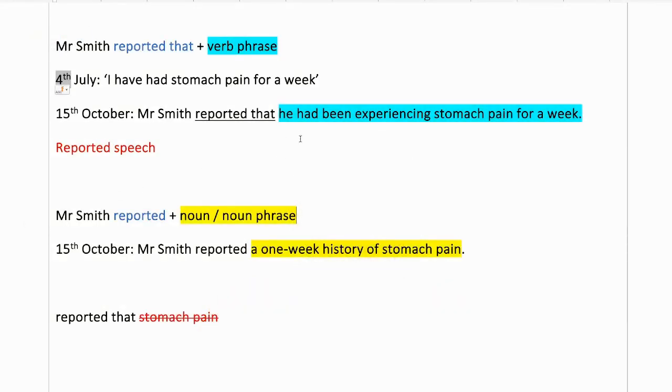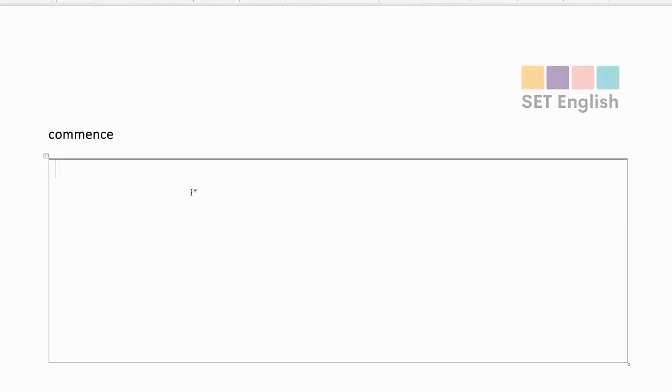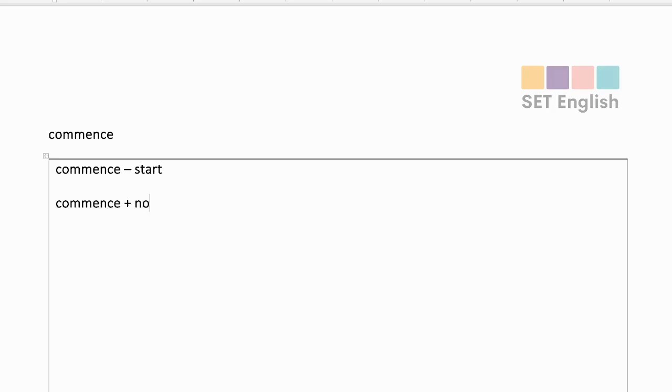So what else have we got? Well, we've got this verb. Okay, commence. Commence is a bit of a tricky one. I think everyone knows what it means. Commence means start. But unfortunately, sometimes we say commence plus a noun.